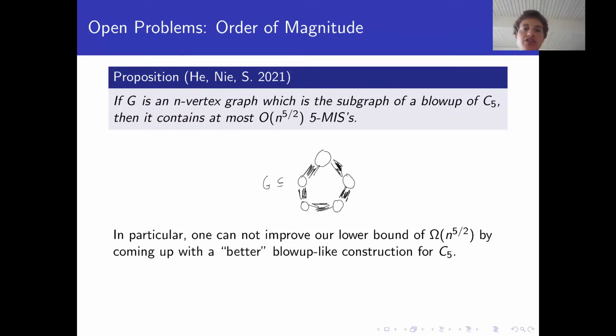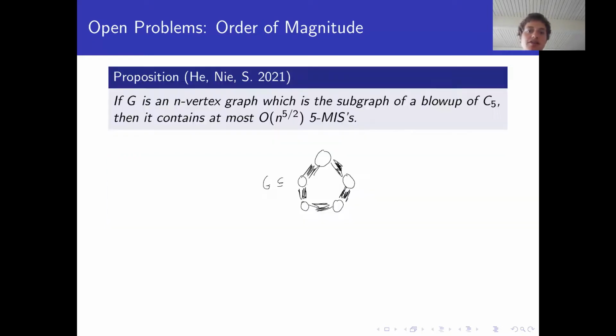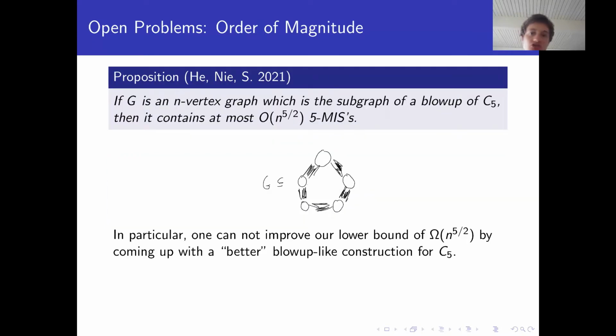And what this is saying is that if you believe that this conjecture is false, that there exists something that has many more 5-MISs, then you shouldn't look for blowup constructions of C5, because any blowup of C5 will have at most this many 5-MISs.